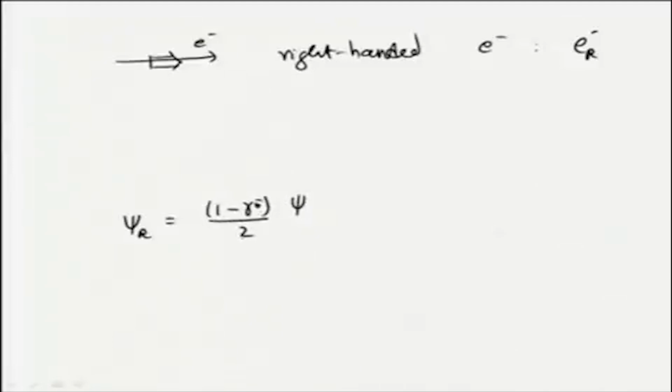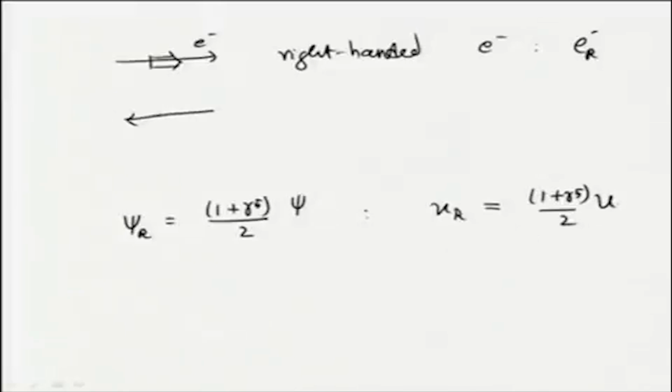This kind of right handed particles, say electrons, are denoted by E r and can be represented by psi r, which can be written as psi operated on by an operator 1 plus gamma 5 by 2, where gamma 5 we had defined earlier, or in terms of the spinors, u r is equal to 1 plus gamma 5 by 2 u.